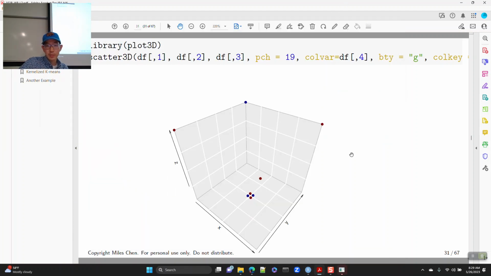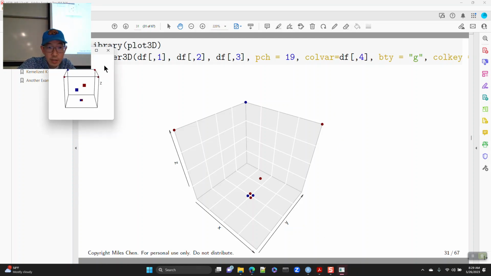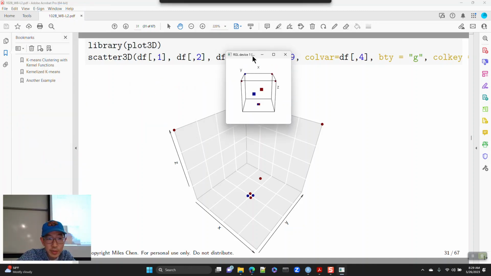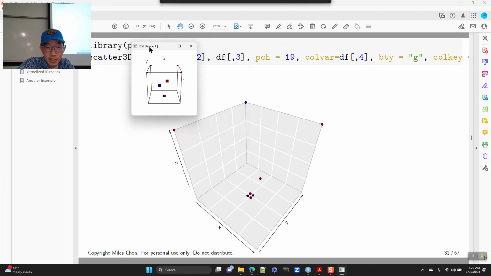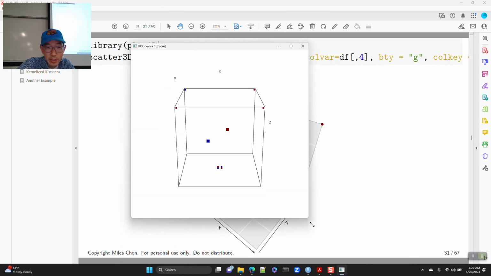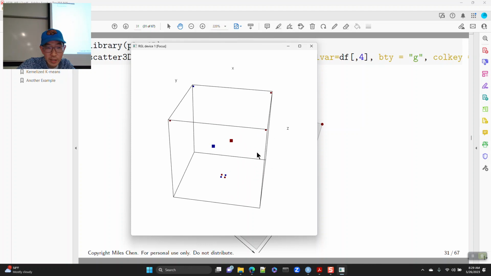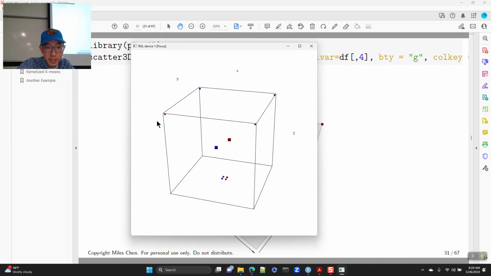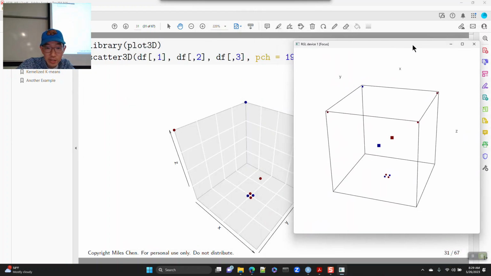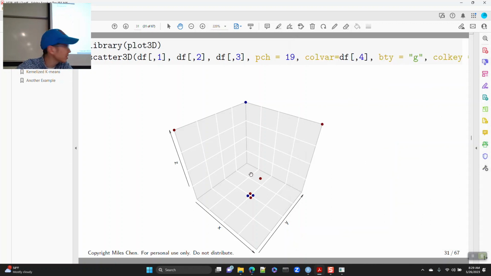All right, so here I'm going to calculate the centroids, and I can rotate this a little bit. It's hard to see, but this dot is floating in the corner of the box.